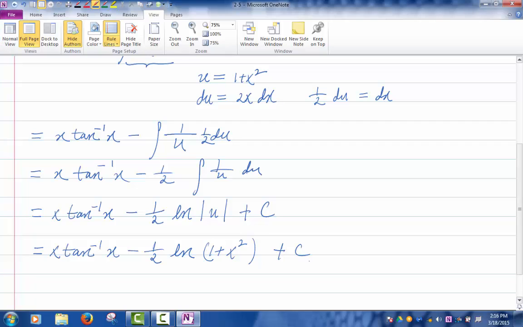Any questions on what we just did? Any questions at all? Some of the integral problems in this section are a little bit tricky.